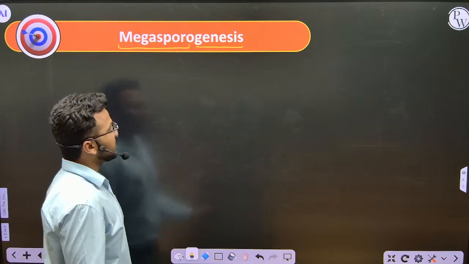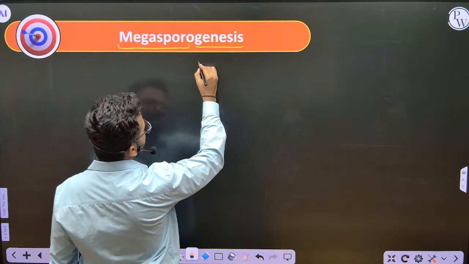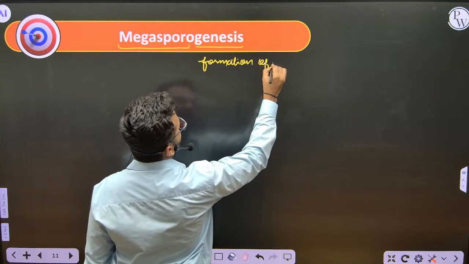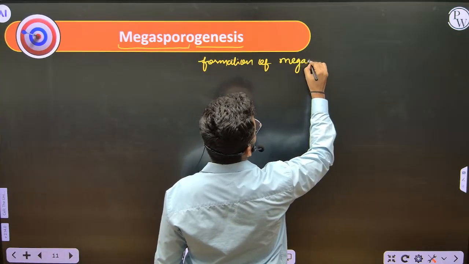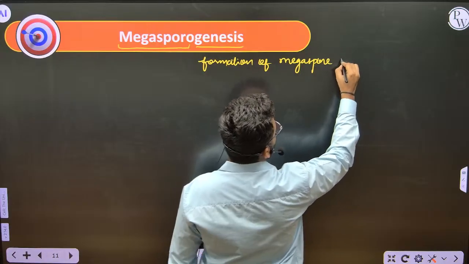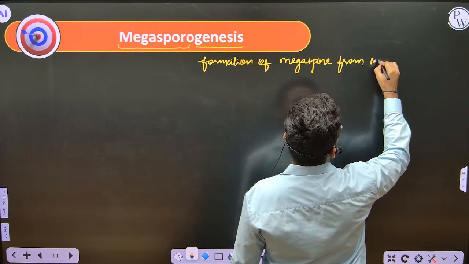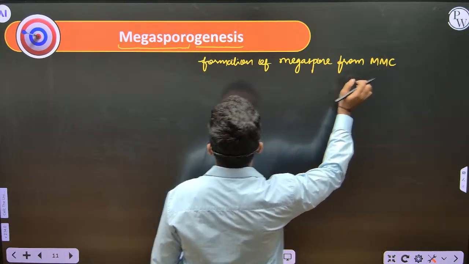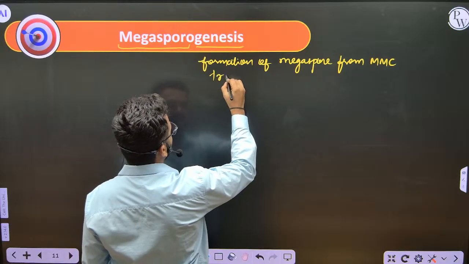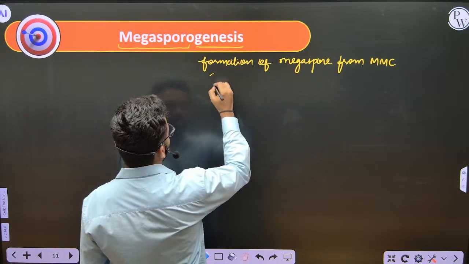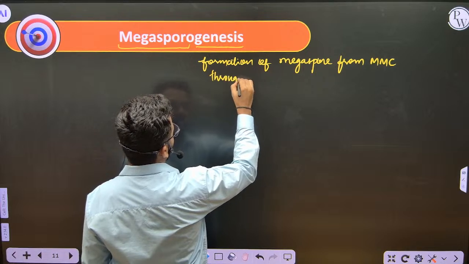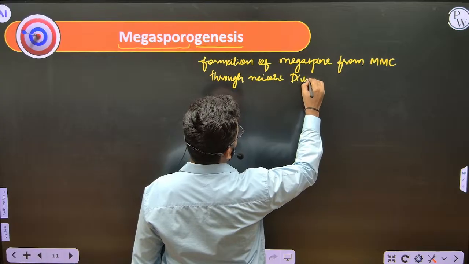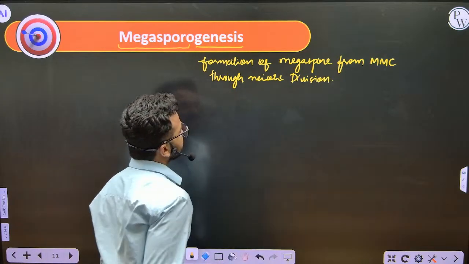So megasporogenesis is the process of formation of megaspores from the megaspore mother cell through meiotic division.